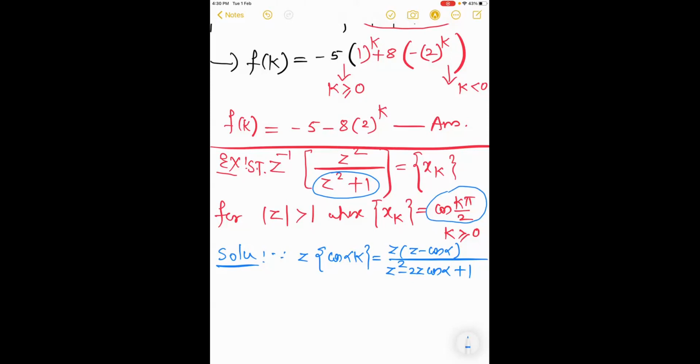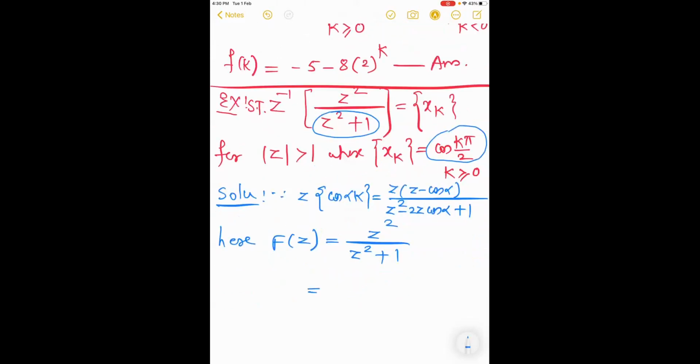In this case, F of z is z square upon z square plus 1. So this can be written as z into z minus cos alpha form. So what do you write? Z minus cos of which angle, so that the numerator only remains as z square? Cosine of which angle is giving you the answer 0?